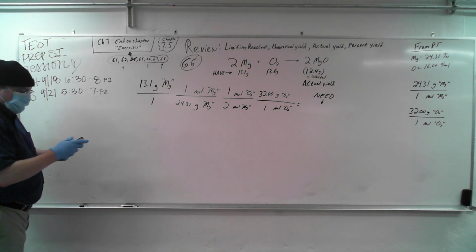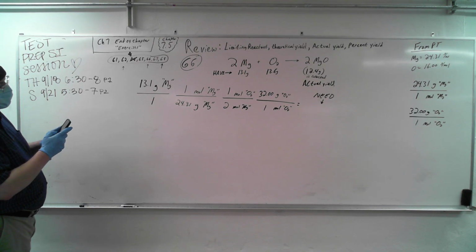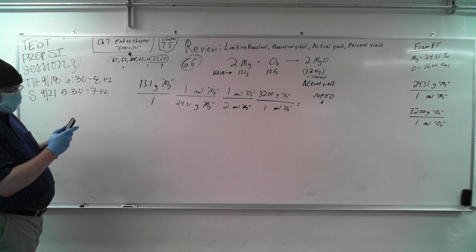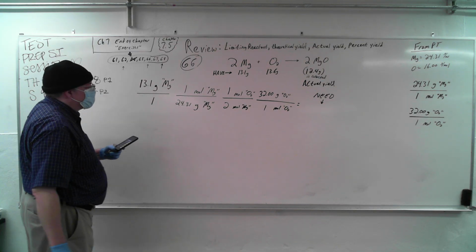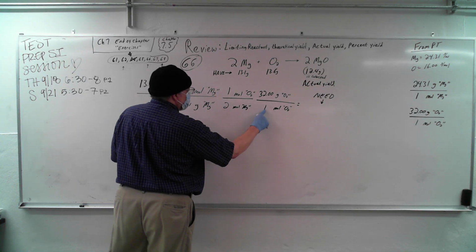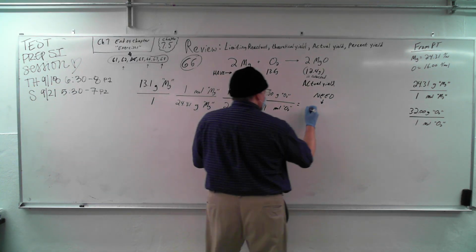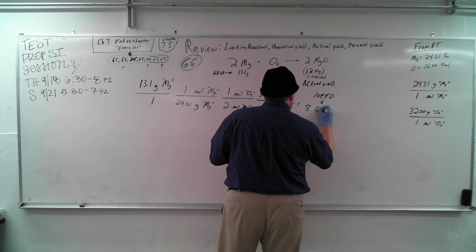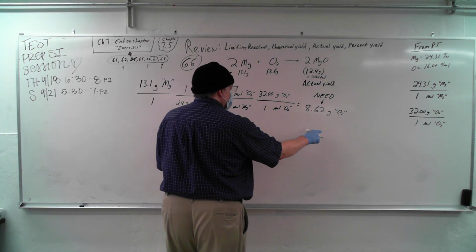So if we calculate that, 13.1 times 32 divided by 24.31 divided by 2. This will be 3 significant figures, since the others are exact, and 4 and 3, so we need 3, and I get that many grams of O2.